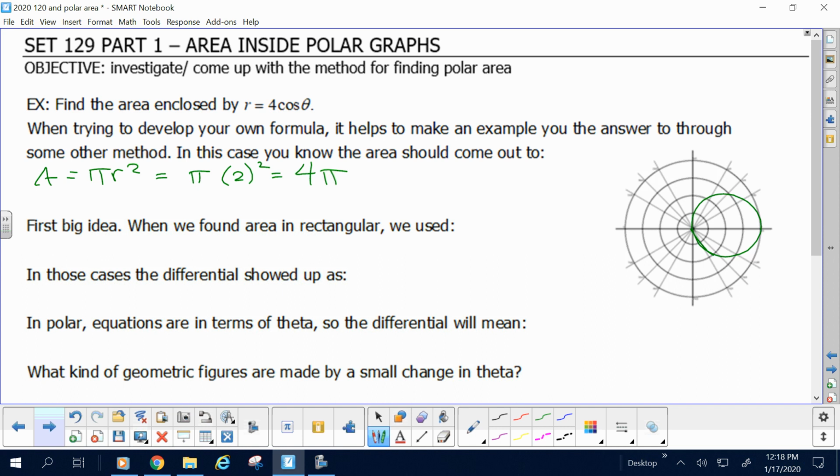When we found area in rectangular, we used rectangles because by changing x, you get a little sideways movement, or by changing y, you get a little vertical movement. And so in those cases, the differential showed up as a base or height of a rectangle.